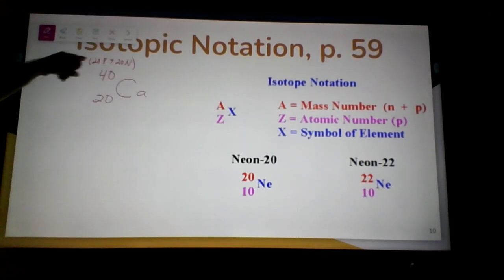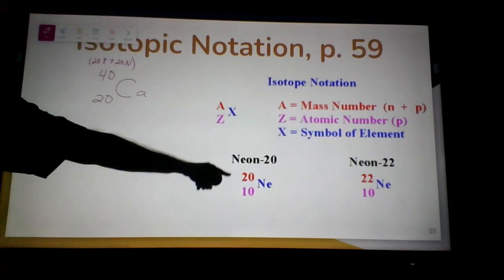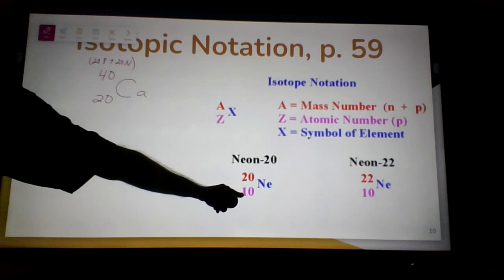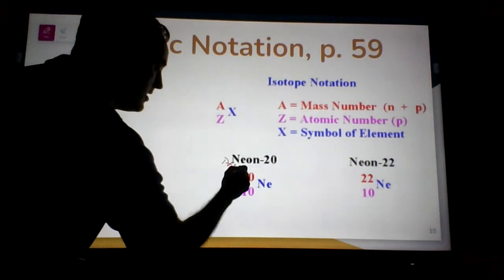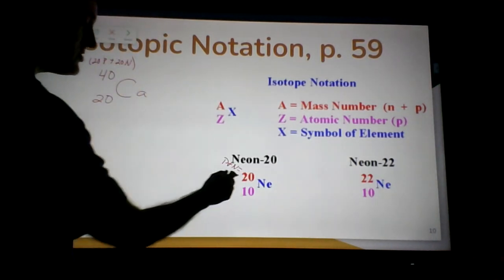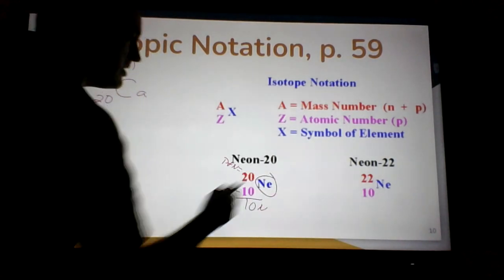Now, these are not always going to be the same. In fact, for most atoms, these will be different. But for calcium, most of those atoms do have 20 neutrons. You see neon right here has an atomic number of 10 protons, but a total of P plus N equals 20. That means 20 minus 10, that's 10 neutrons for an atom of neon.